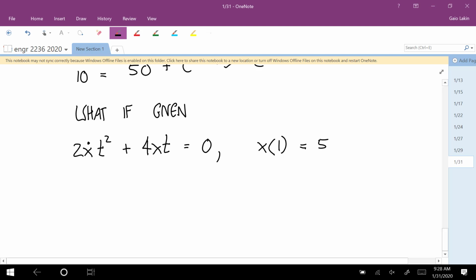You can't do it by separation of variables. But if you recognize, and it'd be very unlikely, it's not an easy thing to spot, but if you happen to notice that's a total derivative, you can just write it as a derivative of something.